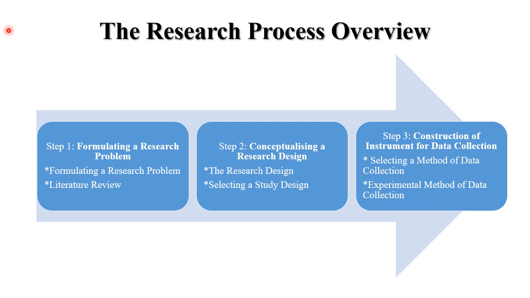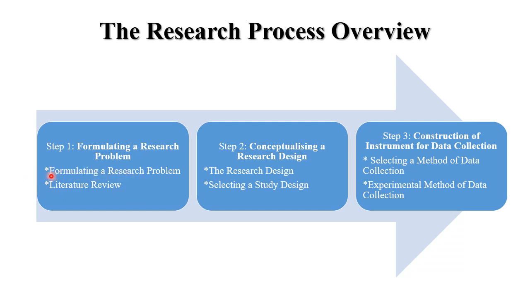The diagram shown tries to describe the research process, and it can serve as an overview. So step 1 involves formulating a research problem, and involves formulation of the problem itself and an extensive literature review.